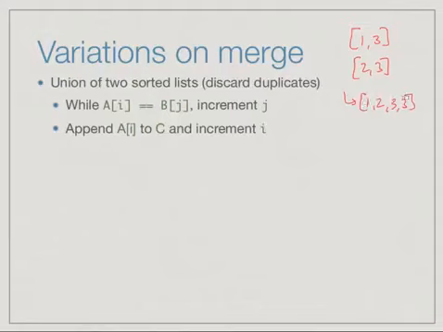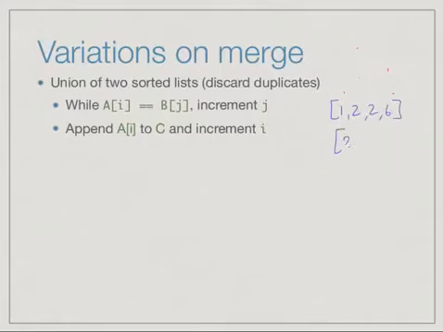On the other hand, we might want to have a situation where we want the union. We don't want to keep multiple copies. We want to only keep one copy. So in the union case, here is what we would do. Let us assume that we have two lists, and in general we could have duplicates within a list. So let's suppose that we have 1, 2, 2, 6 and 2, 3, 5.